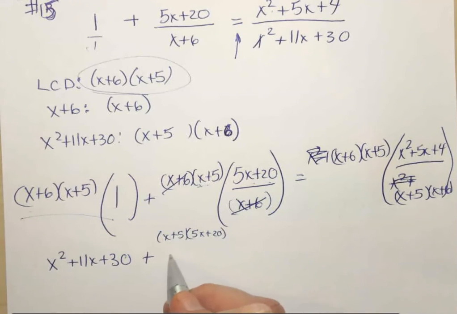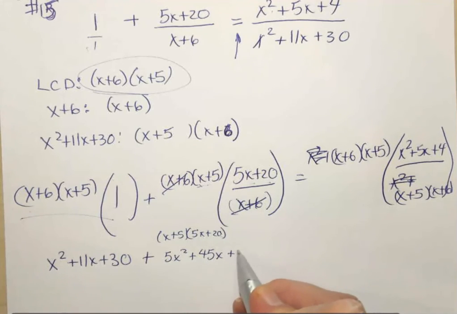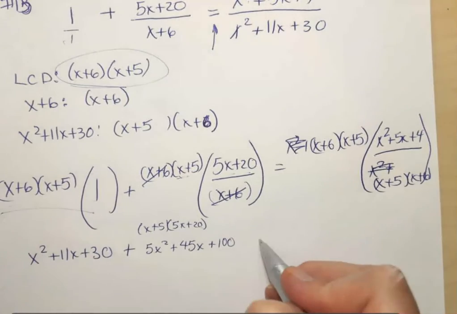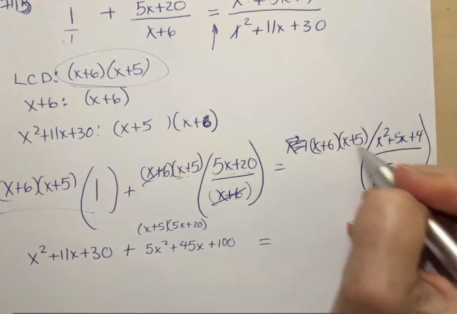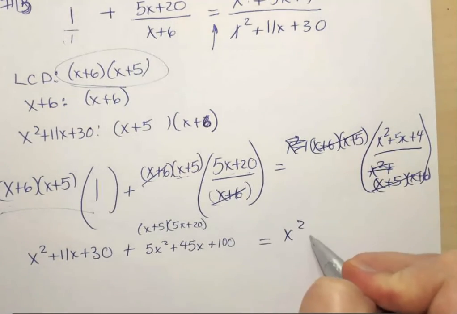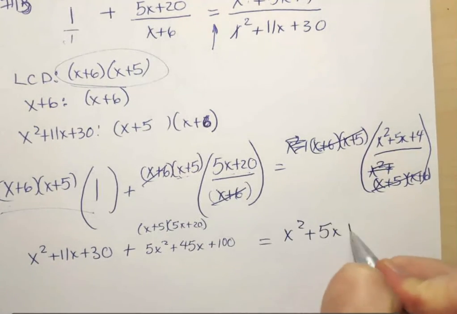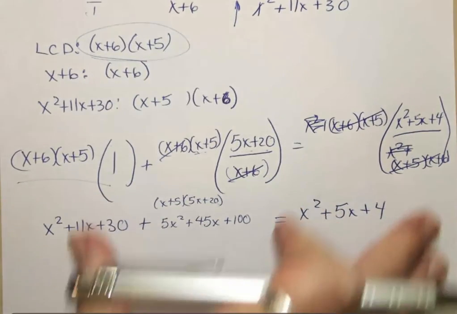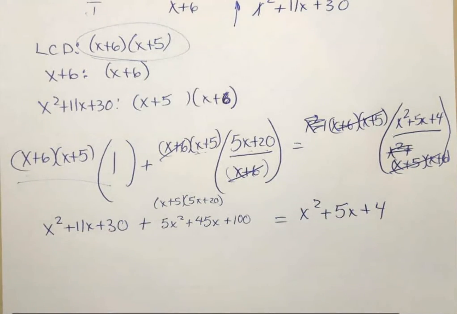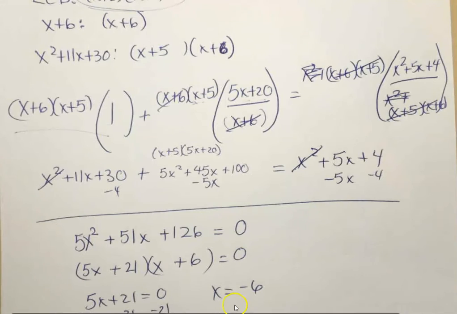That's going to give me 5x squared plus 20x, 25x, 45x, plus 5 times 20 is 100. And then these all cancel, and I'm left with x squared plus 5x plus 4. Now at this point, you can go ahead and bring it all over to one side and simplify your equation.